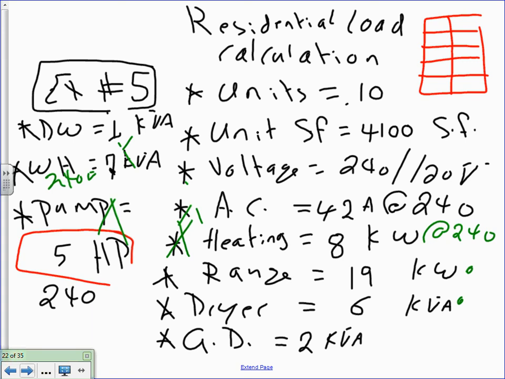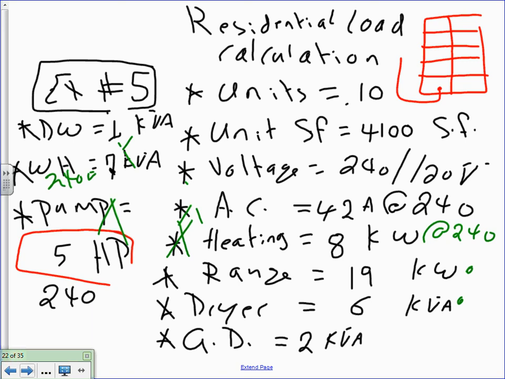And I'm bringing a service to this building. That's what we're doing, to feed this apartment building, right? 10 units in it. Each unit is 1,100 square feet. The voltage is 240/120. Each unit has a 42 amp rated load AC unit at 240.